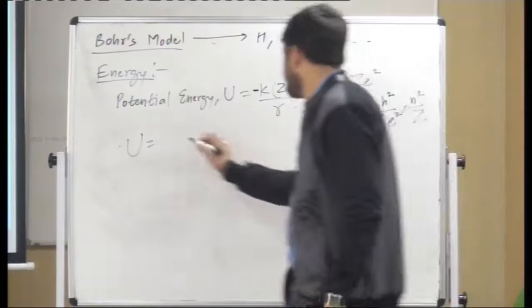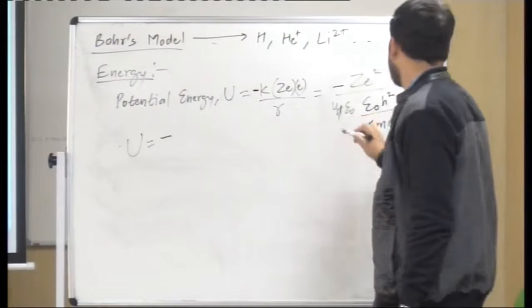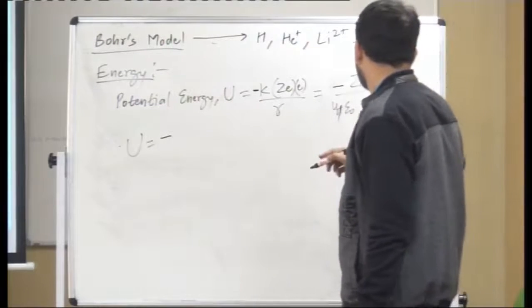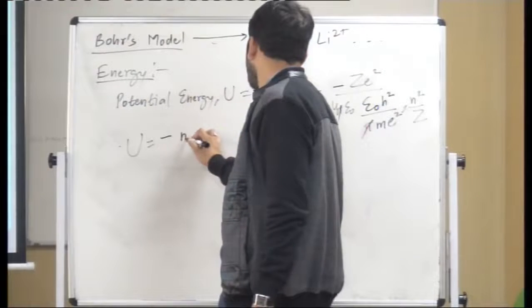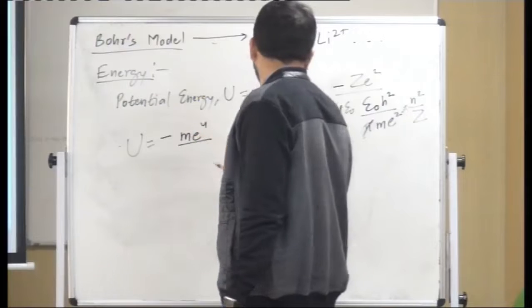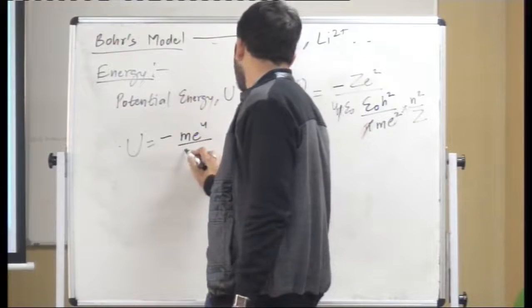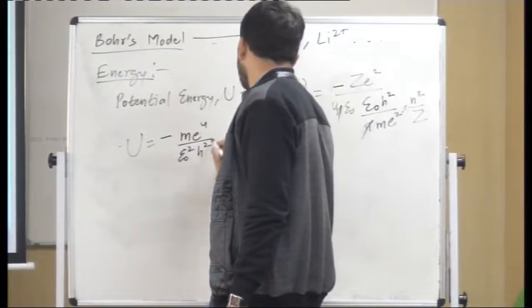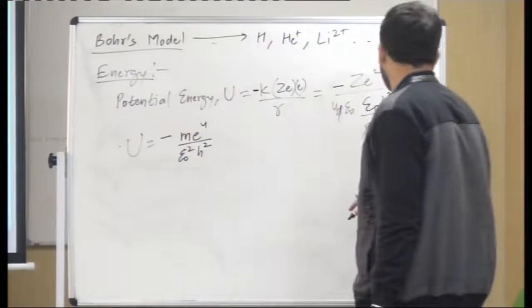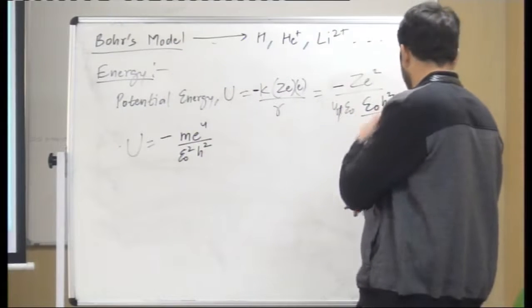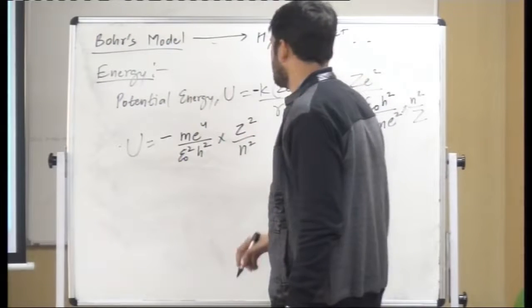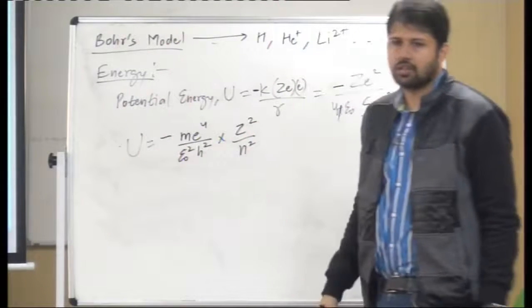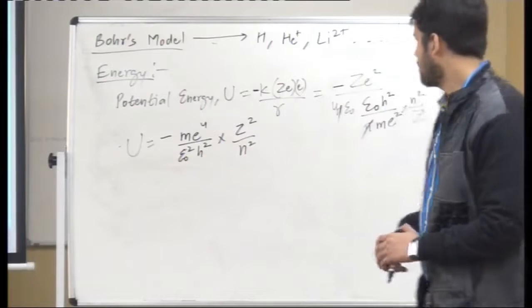So it would be minus, pi cancels, and this would be m e^4 by epsilon naught square h square into z square by n square, right?